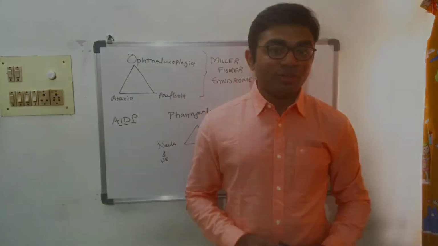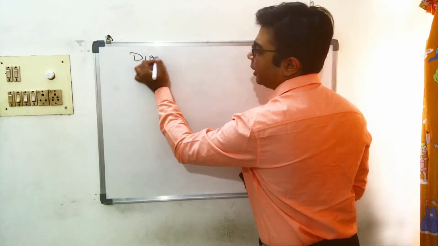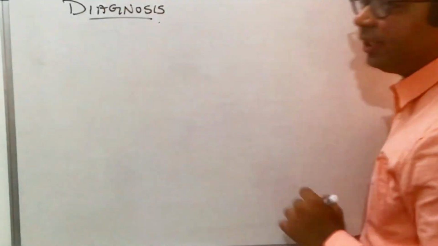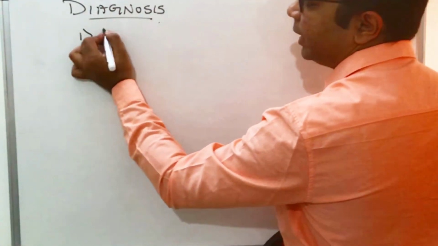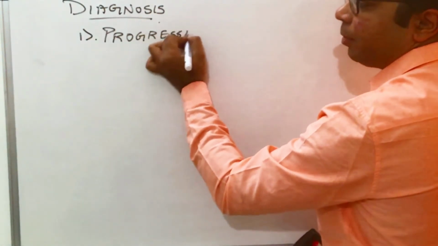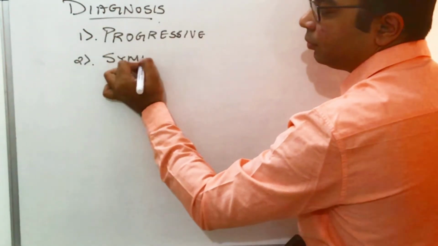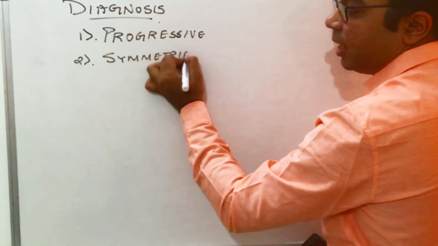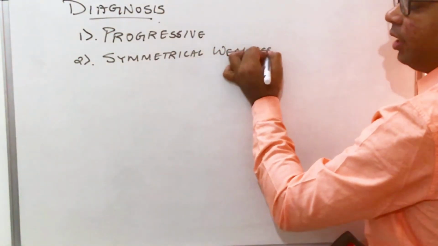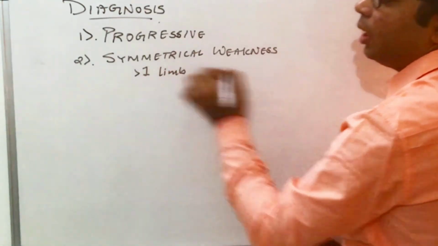Now comes the diagnosis of the GBS. Let me write it over here, the diagnosis of the GBS. There are a few things that we need to remember. First thing, is it progressive? Yes, in the case of GBS it is progressive. Second thing is symmetrical. Yes, in the case of GBS it is symmetrical weakness, and particularly more than one limb is involved.